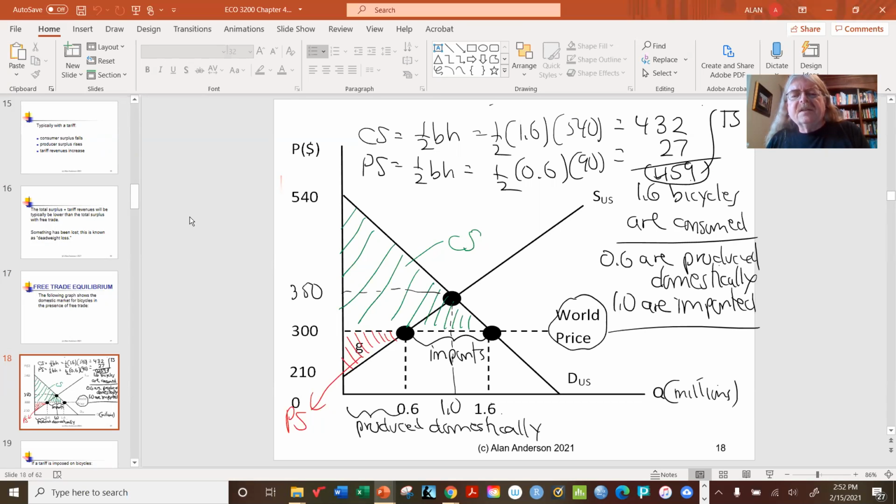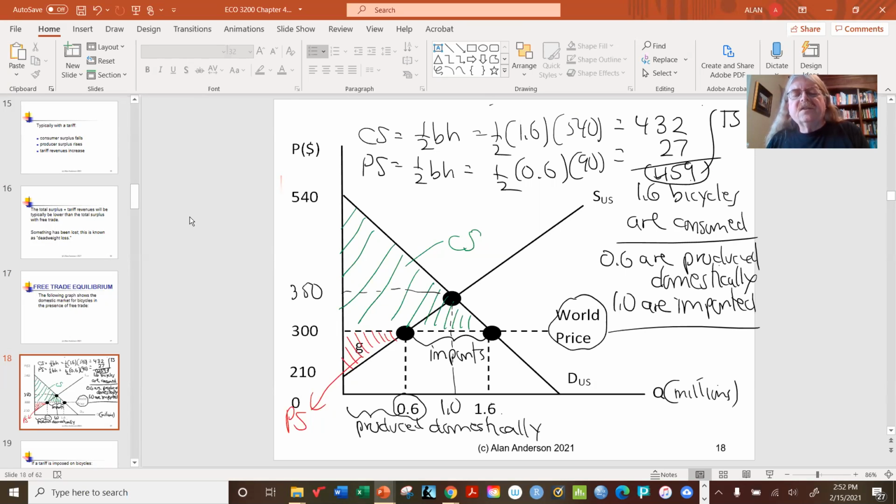So if there's no interference, the domestic producers, according to the supply curve, are willing to produce up to 0.6 million bicycles for a price of $300. So those bicycles will be bought in the United States.